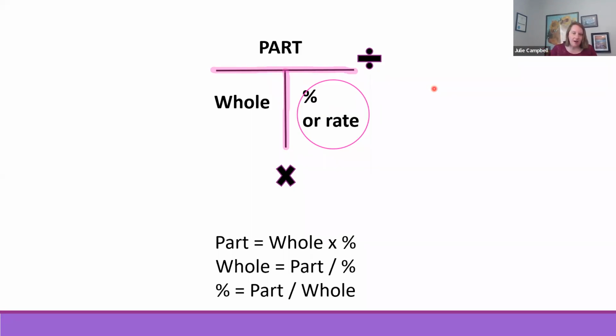The majority of the time, when you're talking about part versus whole, the part is the smaller number. The part, the number on top, is part of something. It's a piece of something. The whole being the entire thing.